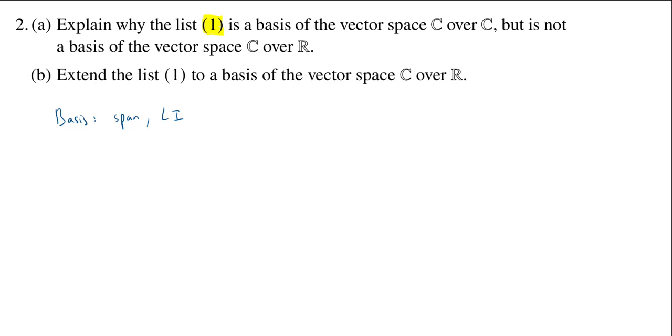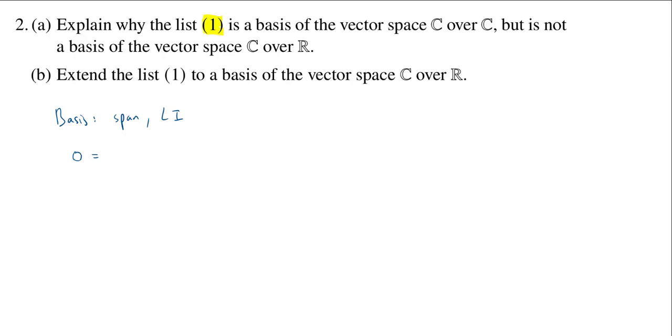That seems like it shouldn't be so hard to do, right? What does it mean for this list that just contains the 1 in it to be linearly independent over the complex numbers? So that would mean that the complex number 0 has a unique representation in terms of this basis.